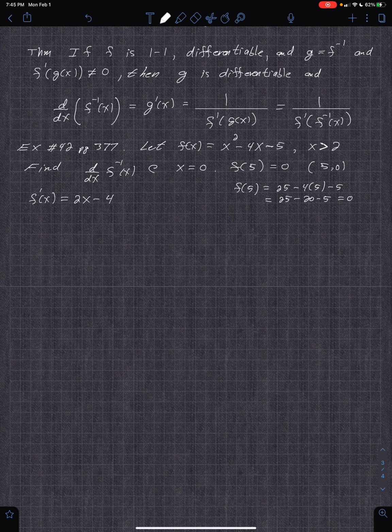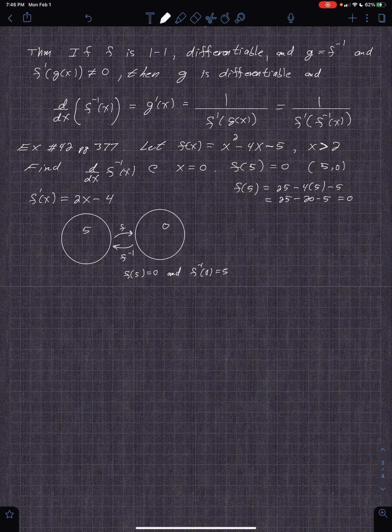Okay, and then I did a little diagram here to show you what's kind of going on. So you have f going like this. Five is over here, 0 is over here, and so this is the inverse going back. So f of 5 is equal to 0 implies then that f inverse of 0 is equal to 5.